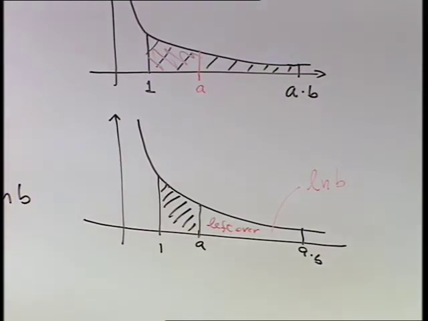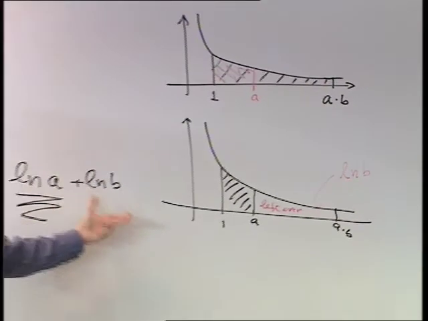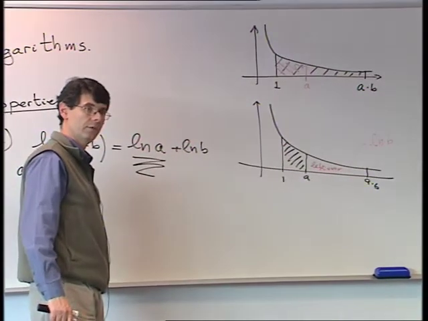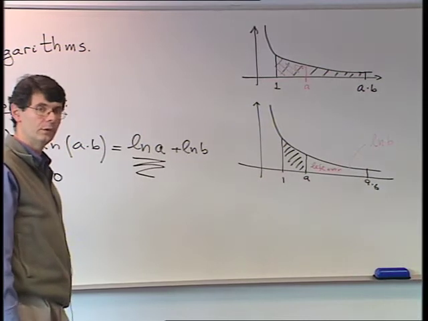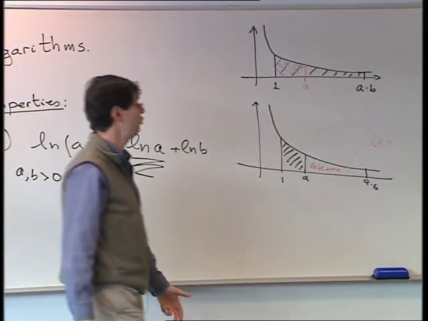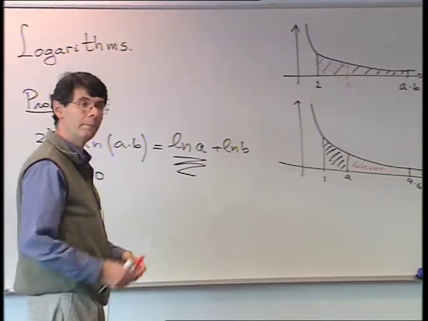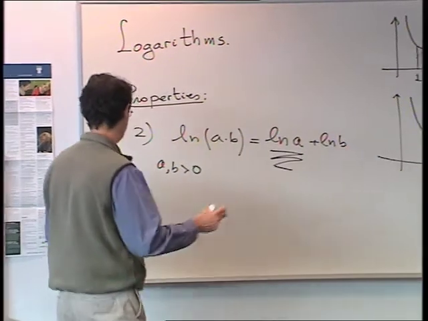I find it very surprising that properties of log that I used to find absolutely horrible when I was learning them for the first time, before university even, in fact, having to do with geometry, are properties of areas, if you study it this way. Property 3.